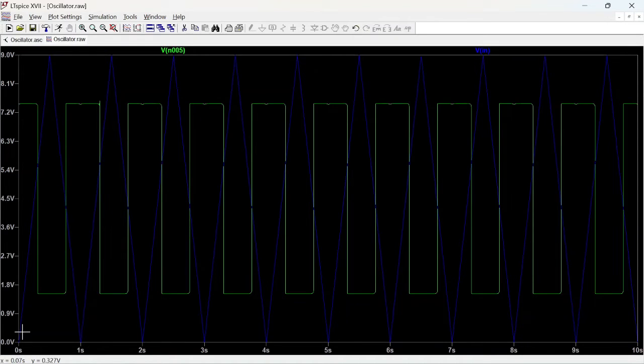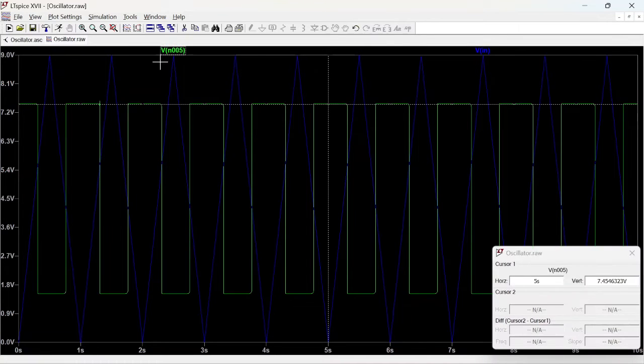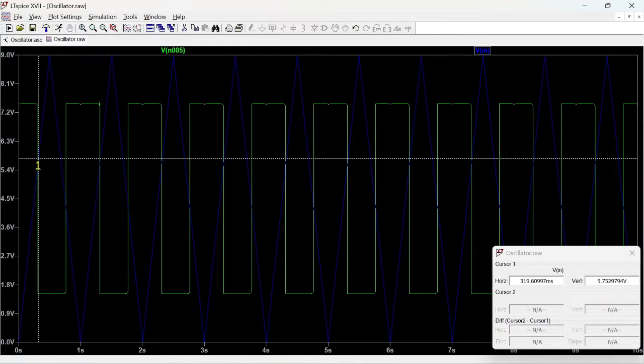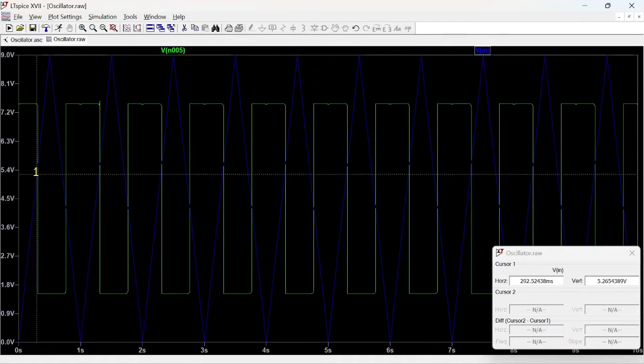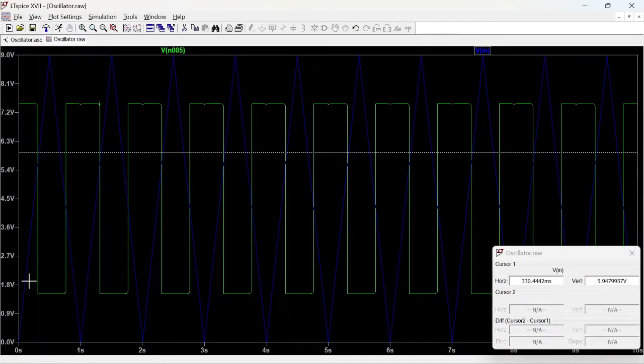So when we look at here, when it goes up, it changes. Oh, actually, I should use this one. It goes all the way up. When the input goes all the way up to, what is it, 5.9-ish volts, the output drops.